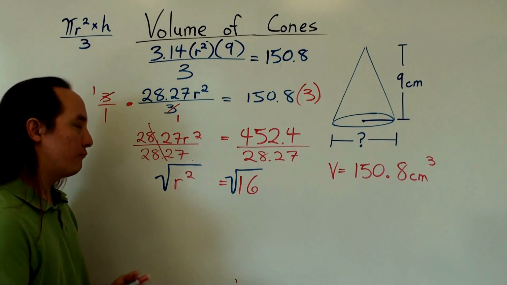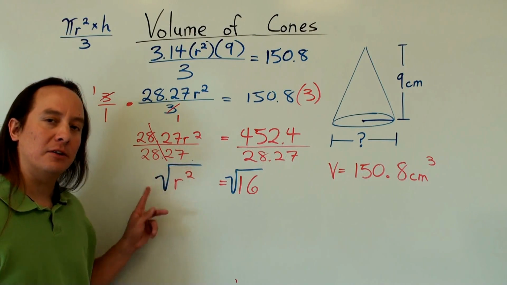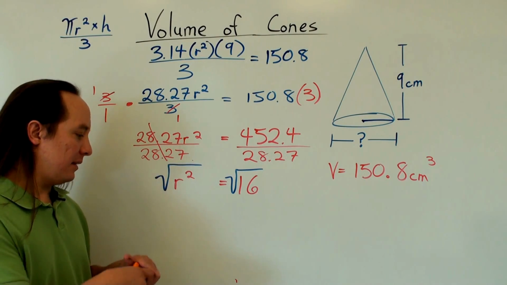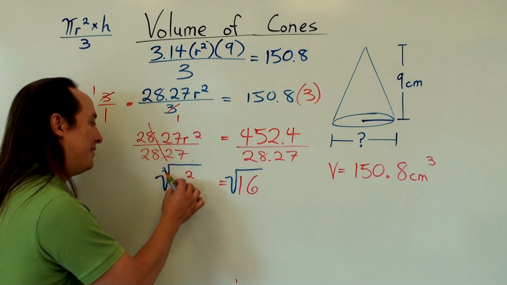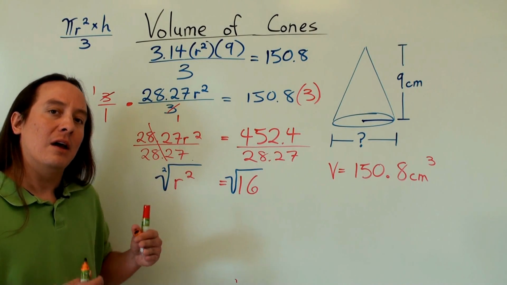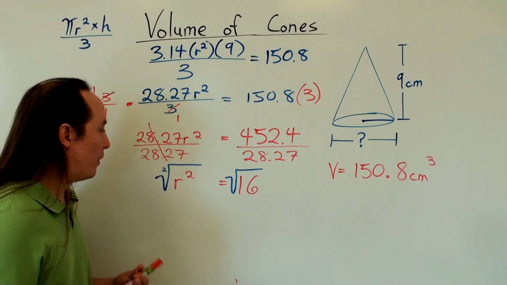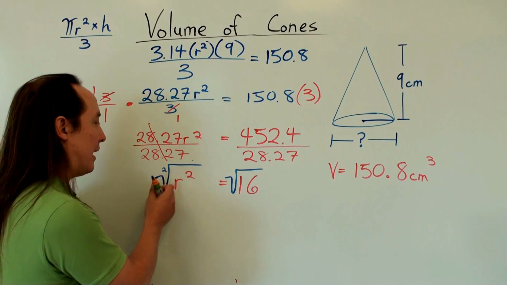Now, I've said this before. This little house thing is called a radical, and it basically comes built in with a 2. Without the 2, just the little house, it's called square root. Square root is the opposite of something like r squared, so they cancel out.